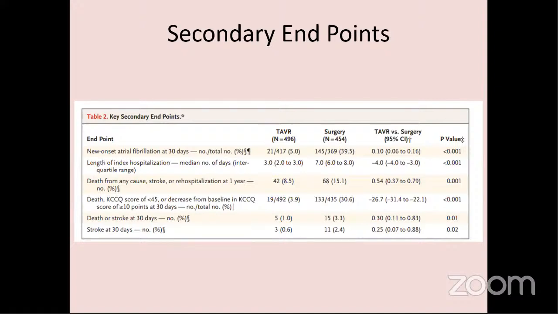At 1 year, the rate of death or disabling stroke was 1% in the TAVR group compared to 2.9% in the surgical group. The percentage of patients who were discharged to home or self-care was 95 in the TAVR group compared to 73 in the surgical group.